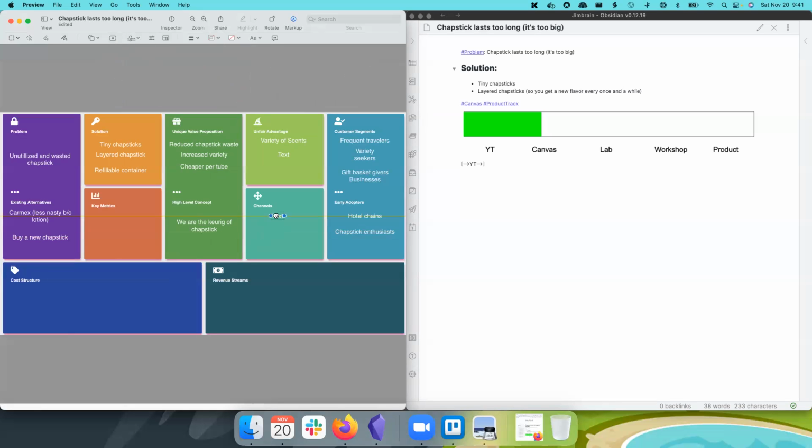All right, channel: Etsy, easy money. Etsy, Pinterest. You need to get into hotel chains if you want to get anywhere. And really, you need to license it probably. How would we, like, get a design patent for your container and then license it to a lip balm brand? Our unfair advantage is then our container design.